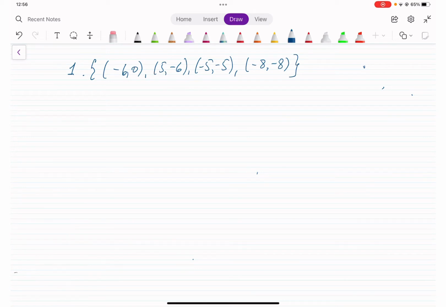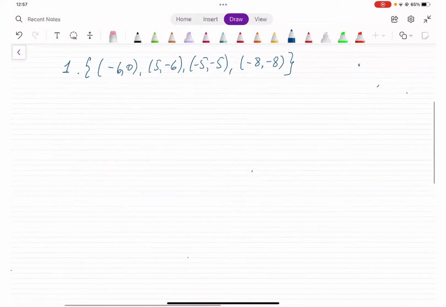So the first question we need to answer is whether this relation represents a function. To represent a function, we have to have in these coordinates, shortly saying, x cannot duplicate.